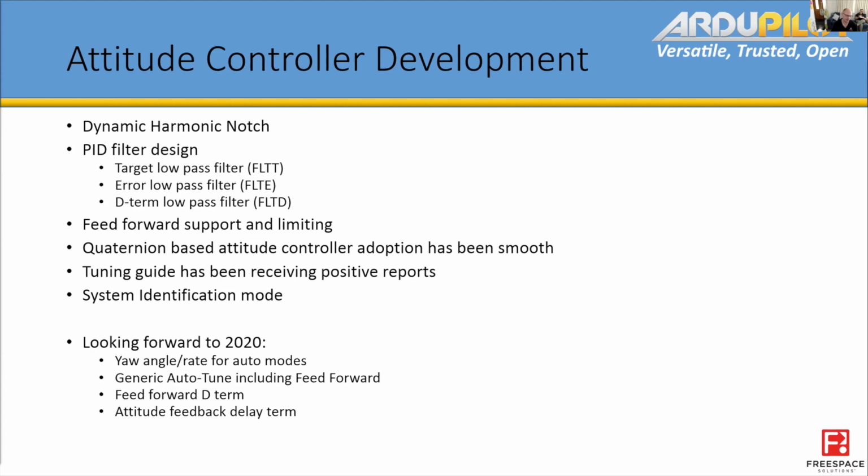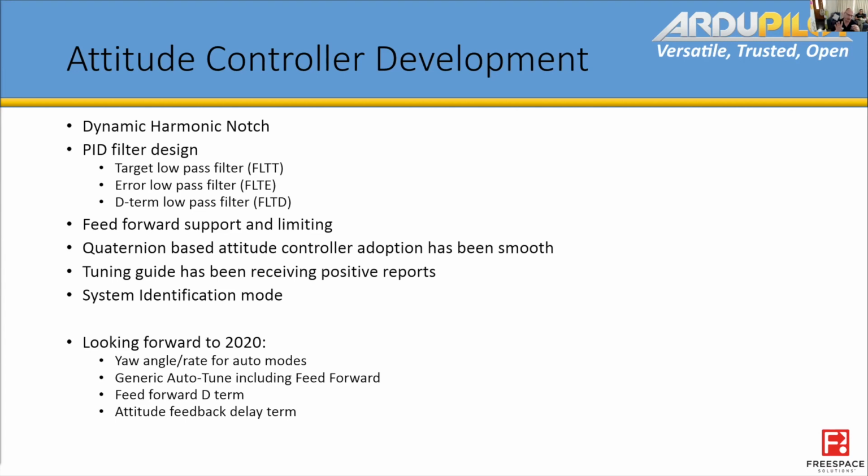Basically what that does is it sets up a comb of notch filters that you can turn on or off, that is then moved up and down based on the lowest harmonic to match the RPM, or the average RPM, of your propellers.